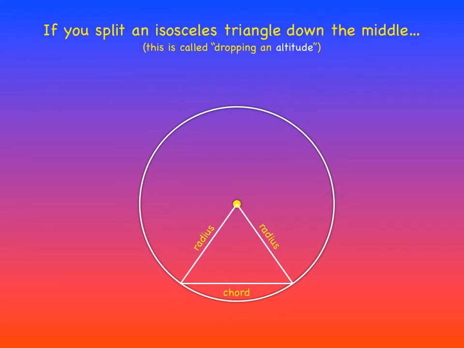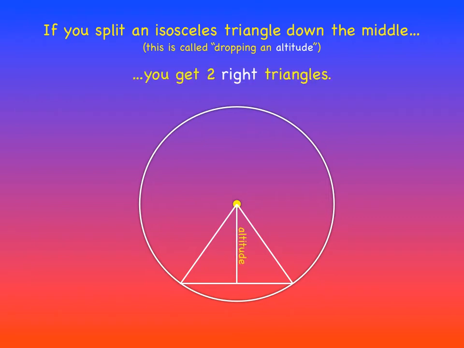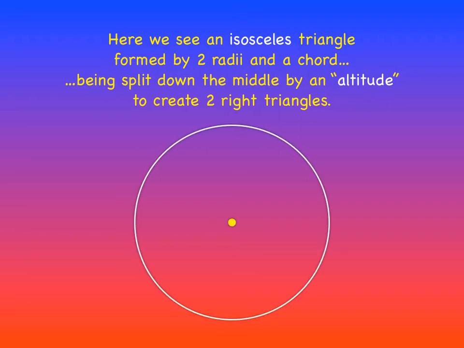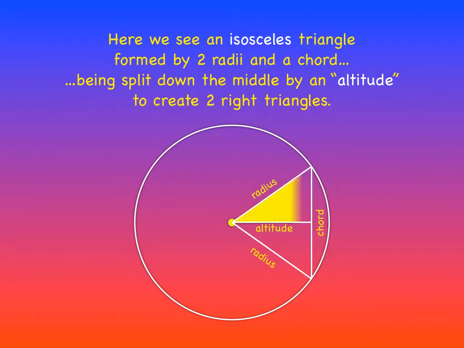If you split an isosceles triangle down the middle, this is called dropping an altitude, you get 2 right triangles. Here we see an isosceles triangle formed by 2 radii and a chord being split down the middle by an altitude to create 2 right triangles. That means they contain 90-degree angles, of course.